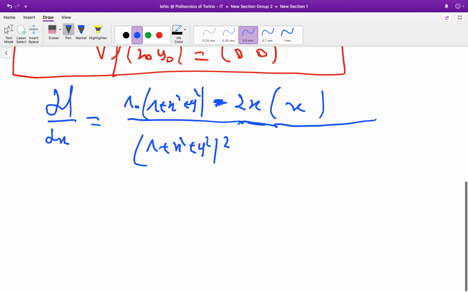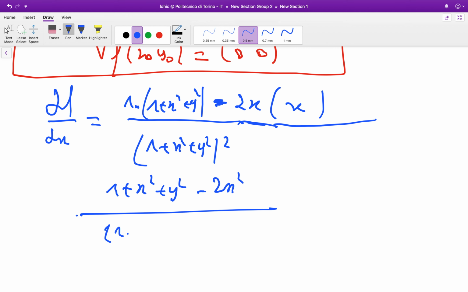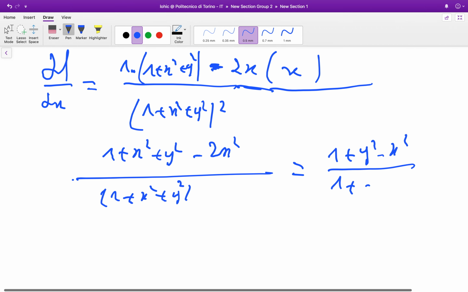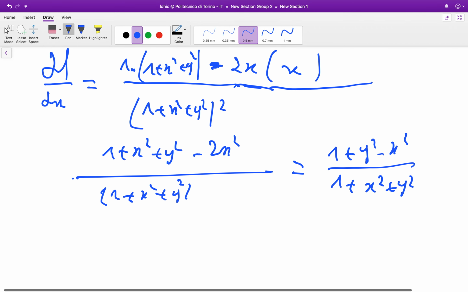So the derivative with respect to x is 1 plus x squared plus y squared minus 2x squared, divided by (1 plus x squared plus y squared) squared, which equals 1 plus y squared minus x squared divided by (1 plus x squared plus y squared) squared.